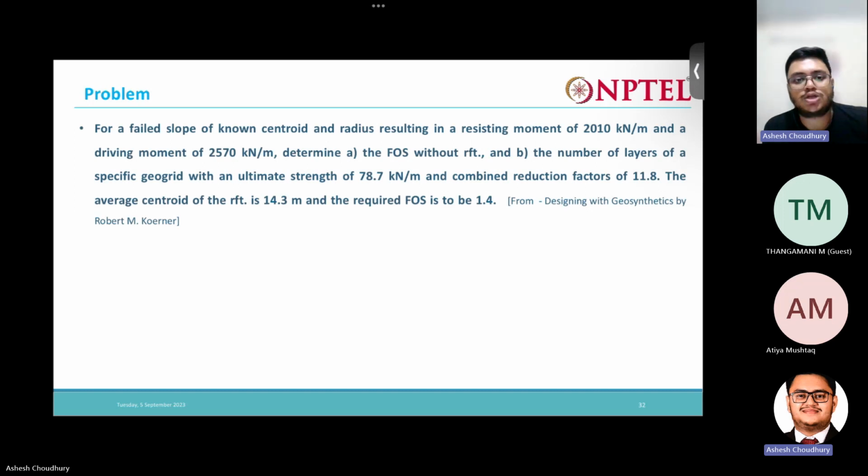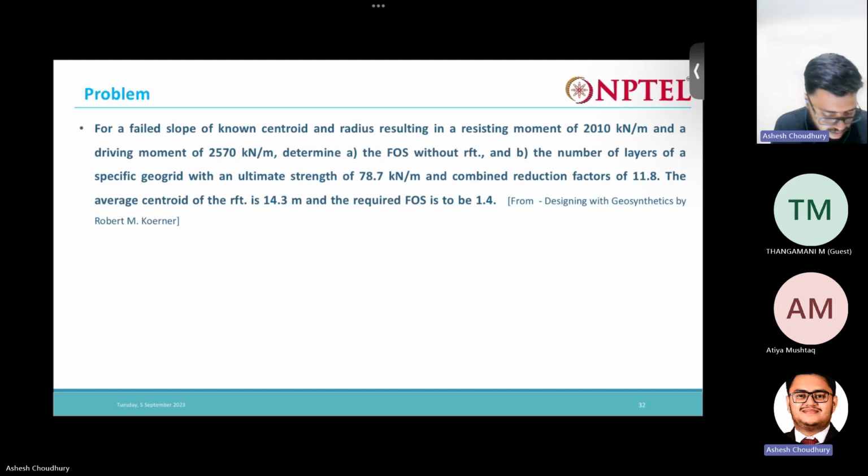That is the target. So the first part is the factor of safety without reinforcement, and the second part is the number of layers of geogrid needed to get a factor of safety of 1.4.